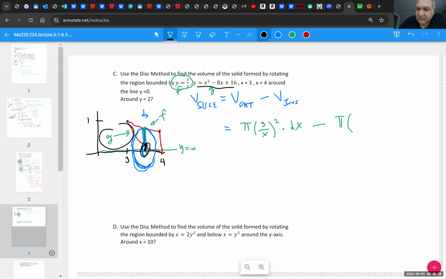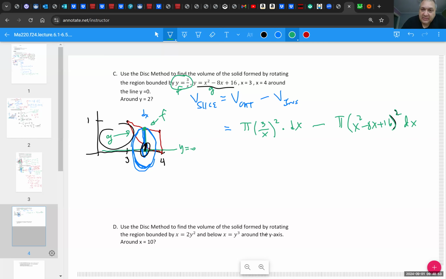So the g function is x squared minus 8x plus 16. And it's got to be that thing squared because it's pi r squared, right? And the r, which is the g function, is already an x squared thing. So when I square this out, I'm going to get x to the 4th at some point, right?